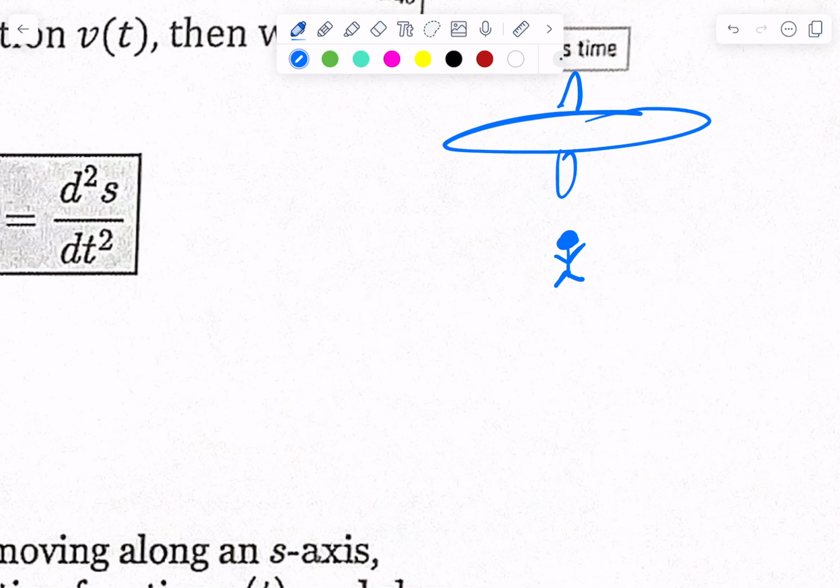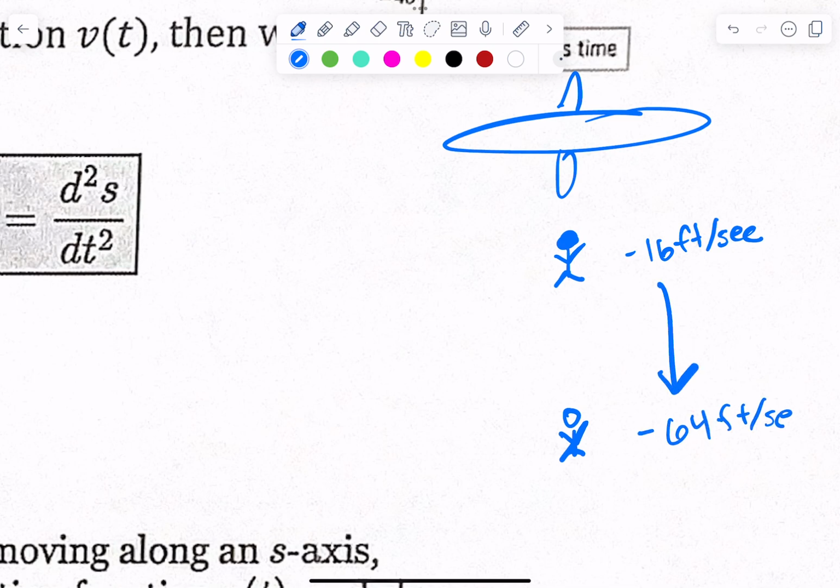Maybe here I'm going negative 16 feet per second, and that is my velocity. But down here, as I fall toward the earth, I'm going negative 64 feet per second. Technically, that is a decrease, because negative 64 is more negative than negative 16.